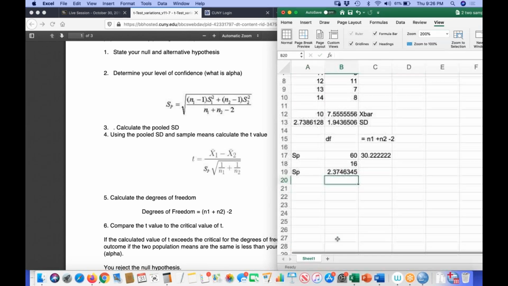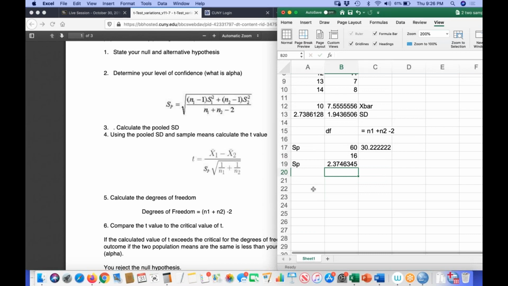So how do I use that now? I go to my t-score and ask, what's x bar 1 minus x bar 2?